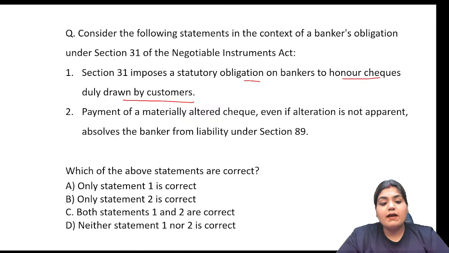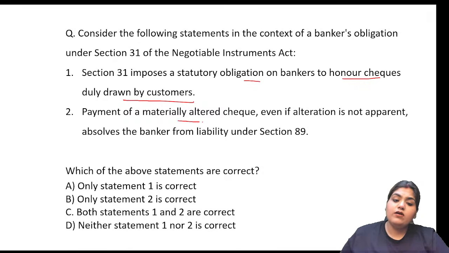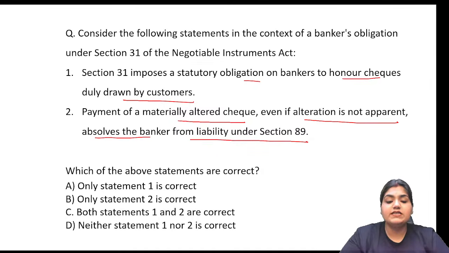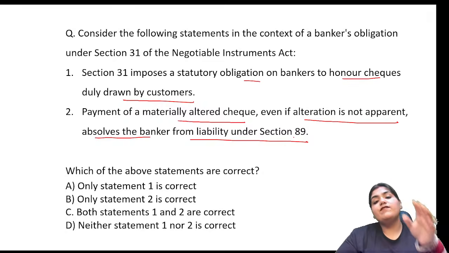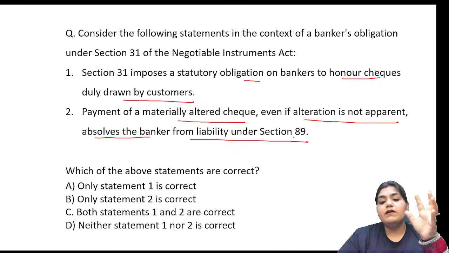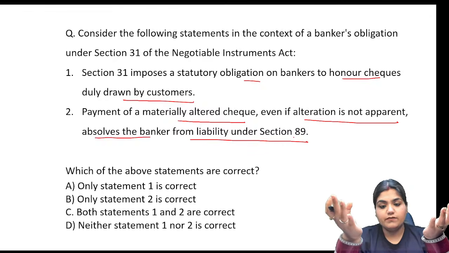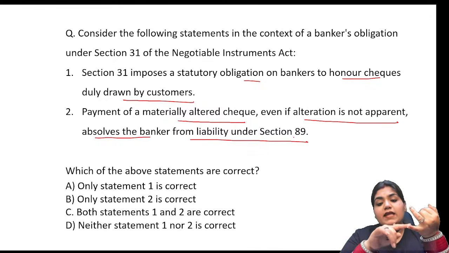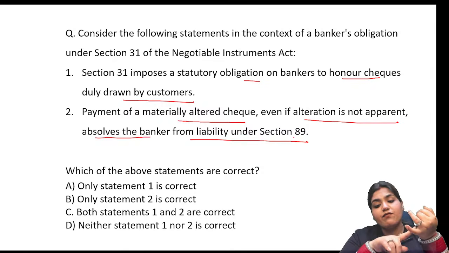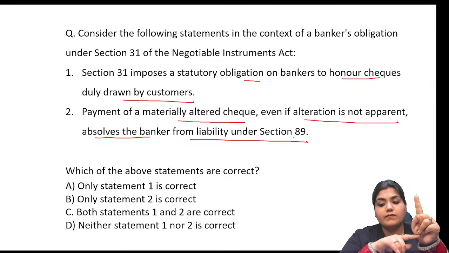Next, payment of a materially altered check, even if the alteration is not apparent, absolves the banker from liability under Section 89. See, if there is no apparent mistake, you cannot check that a forgery is done, but the banker will get protection only if the bank is acting in good faith.